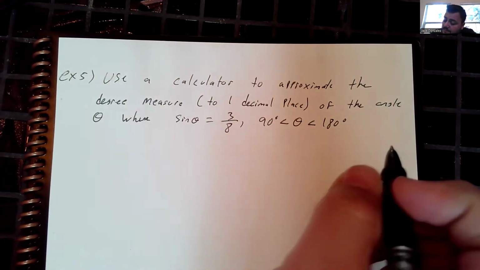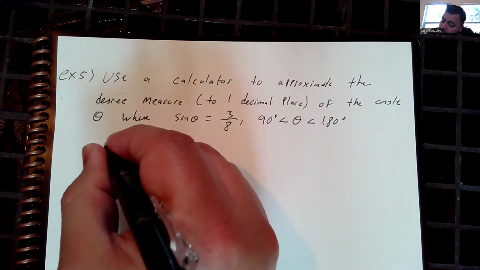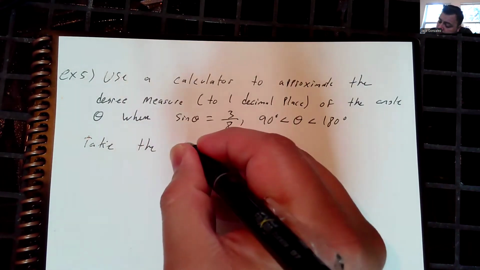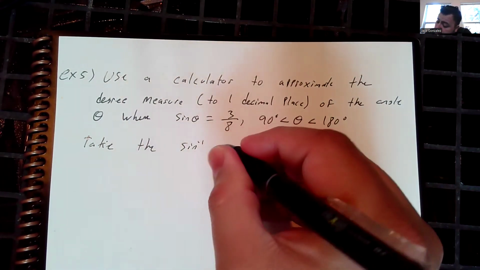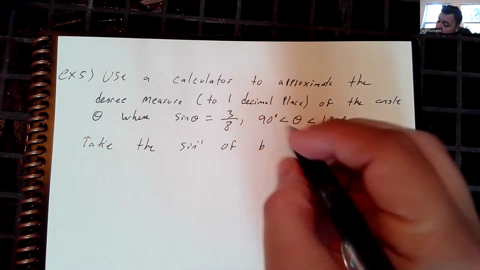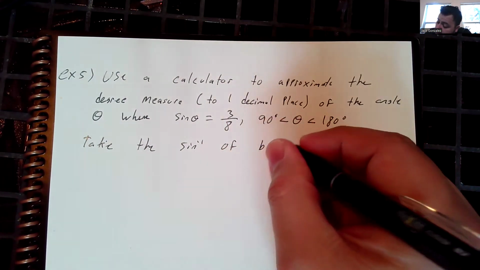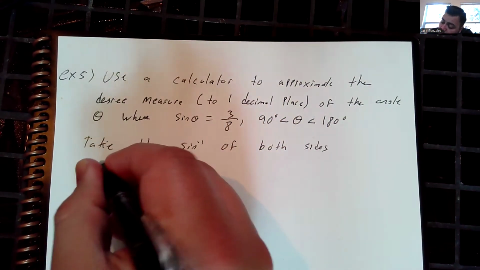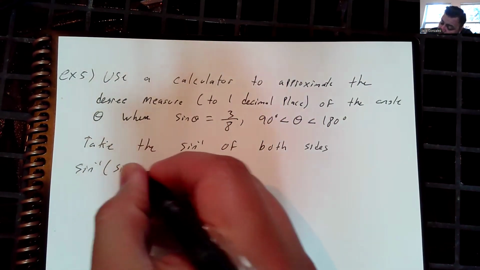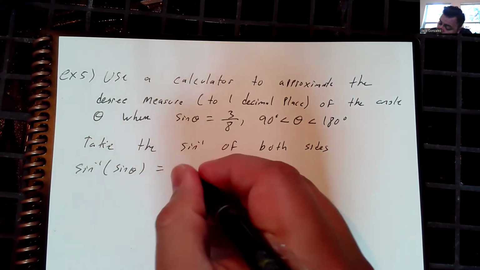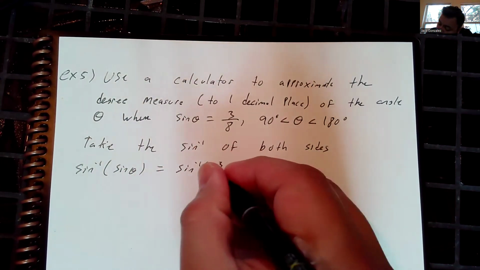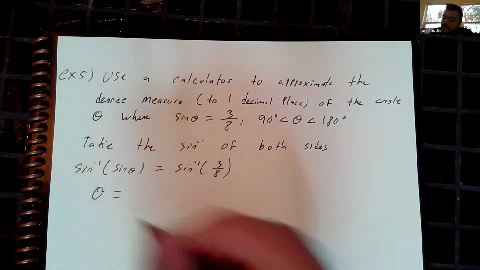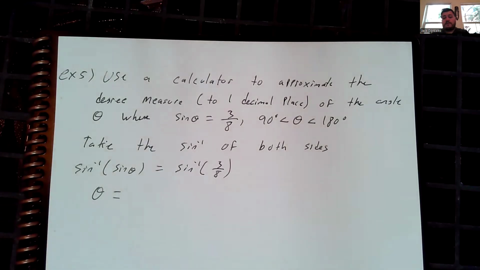So basically, they want us to solve for theta. So in order to do so, take the sine inverse of both sides, assuming that this 3/8 is in the domain. And if it isn't, you'll find it right away. So these cancel, and then I need my calculator for this.